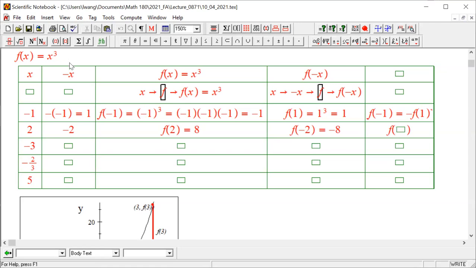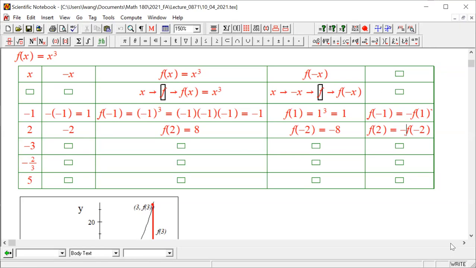Because the two numbers are opposite to each other, you put a negative sign on one of them and you get the other. That's what opposite means, and that's how we express it algebraically.